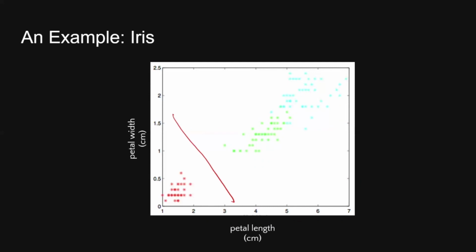So obviously you can easily draw a line between the green class and the red class. And then green versus blue is not that simple, but I can do a fairly good job in separating them. Again, it's not perfect because, as a result of that line, there are some flowers that are misclassified, but I guess it's not too bad, right?